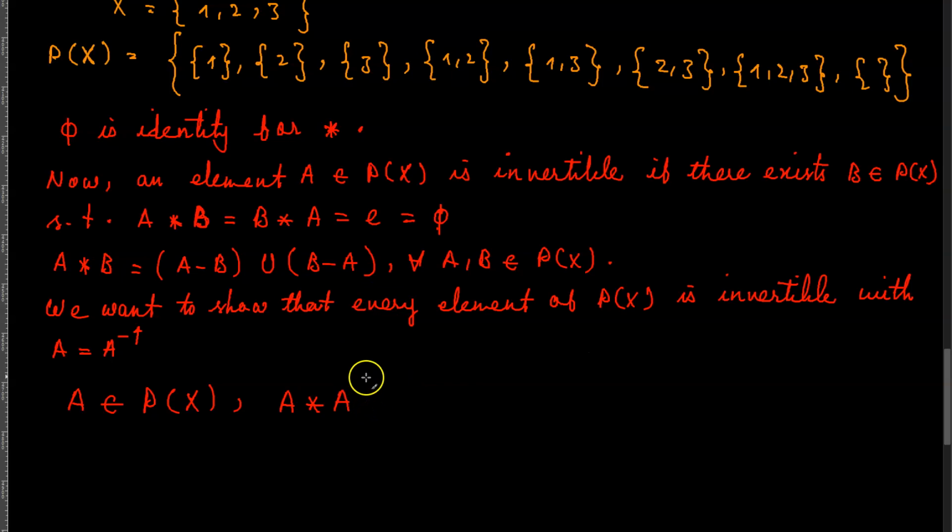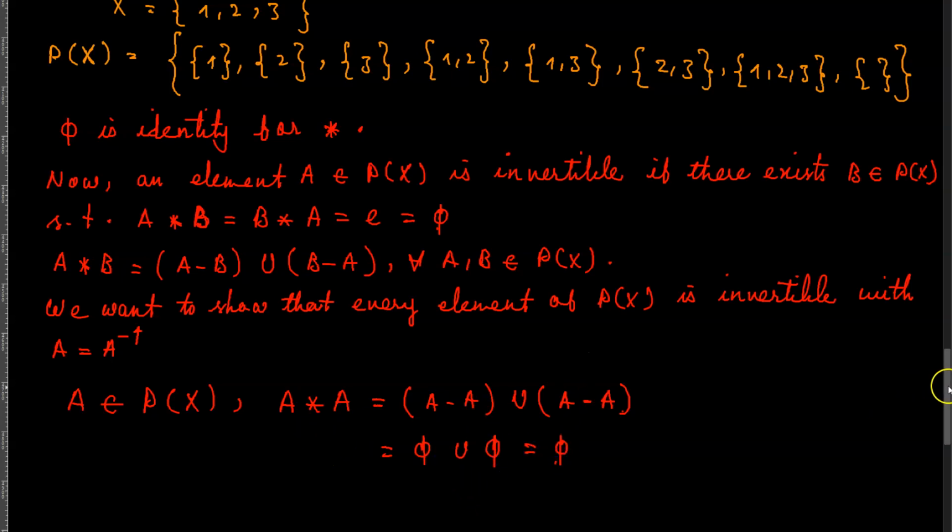Based on the rule that we have here, A star B is equal to this, so A star A is going to be equal to A minus A union A minus A, and A minus A is the null set, so the null set union the null set is equal to the null set.